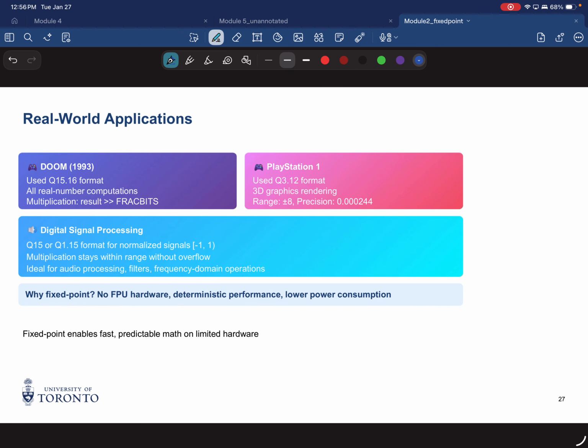And then here, some of the real world applications. I don't play these games, but I hope that you relate to them. The game Doom and the PlayStation 1 used the Q3.12 or Q15.16 format. The good thing about these is that, as you'll learn next session, floating point needs specific hardware.